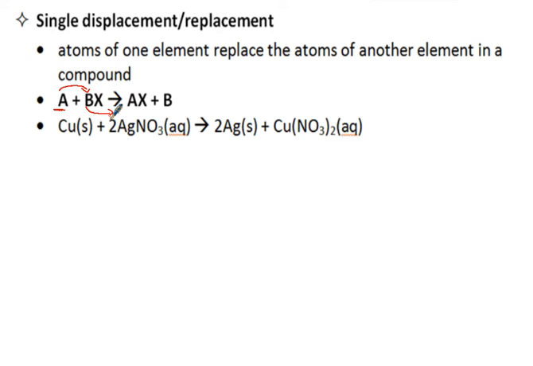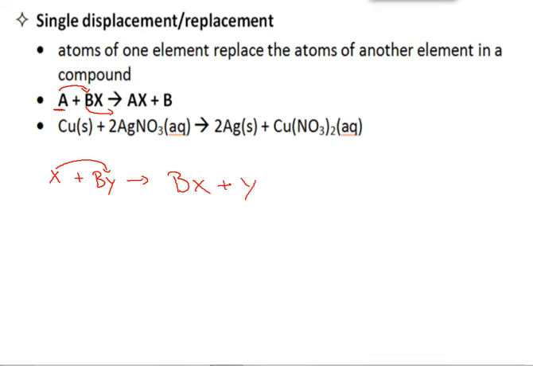It's also possible to have an anion displacement where you have X plus BY, and the anion gets kicked out. So single displacement can happen either with the cation or the anion.